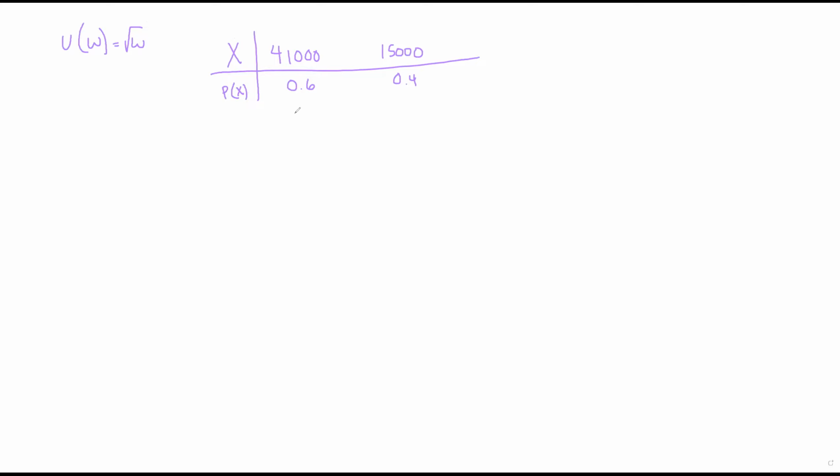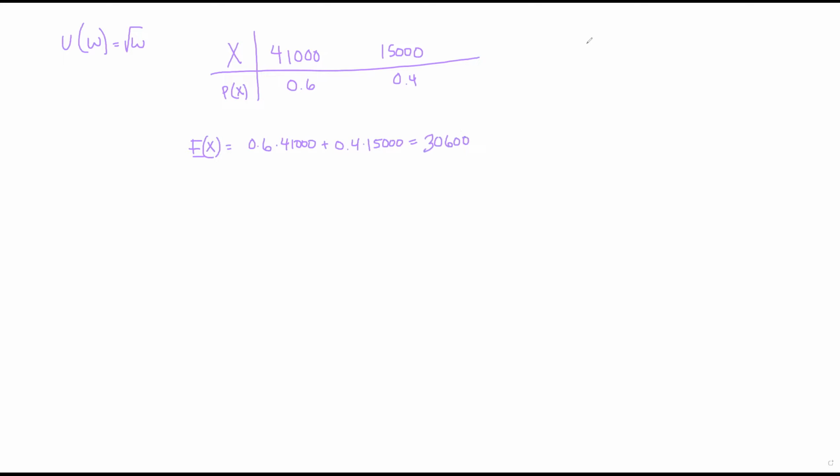Expected value is pretty easy to do. 0.6 times 41,000 plus 0.4 times 15,000 gives me an expected value of, let me get a calculator real quick, 30,600.